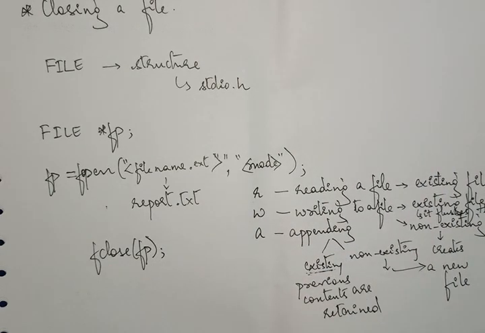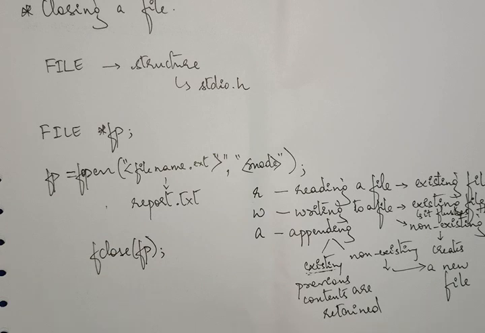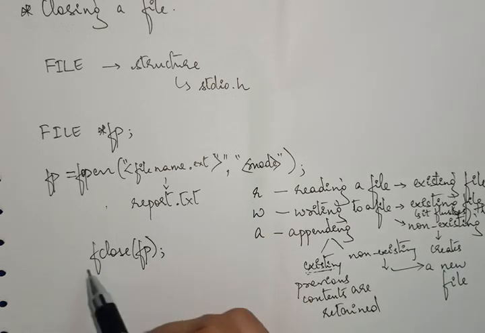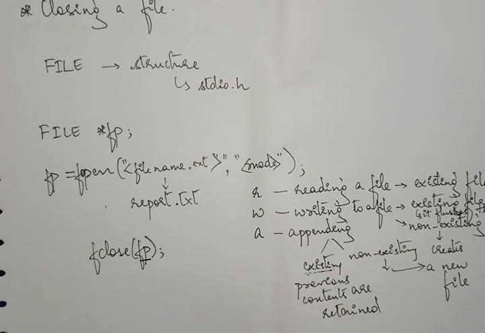Any operations you perform on files are only possible through the file pointers. Even if you create any variable or anything, only through the file pointer are you going to write it to the file or read from the file. And here again, passing the file pointer to the fclose function, you close the file.